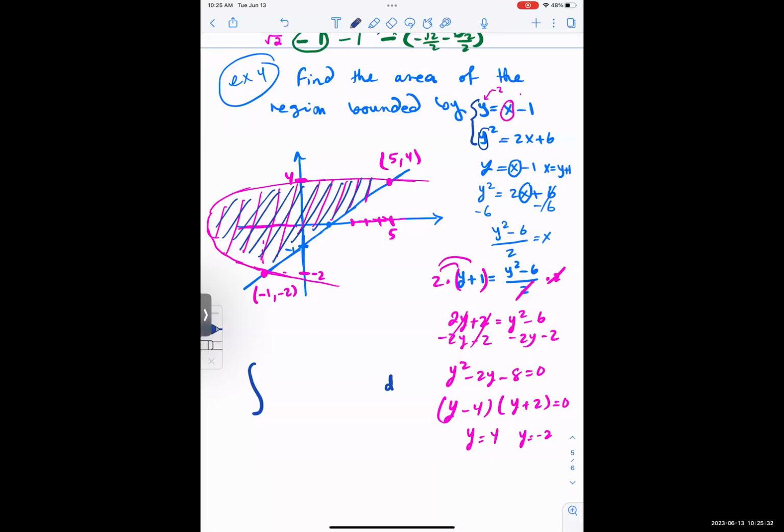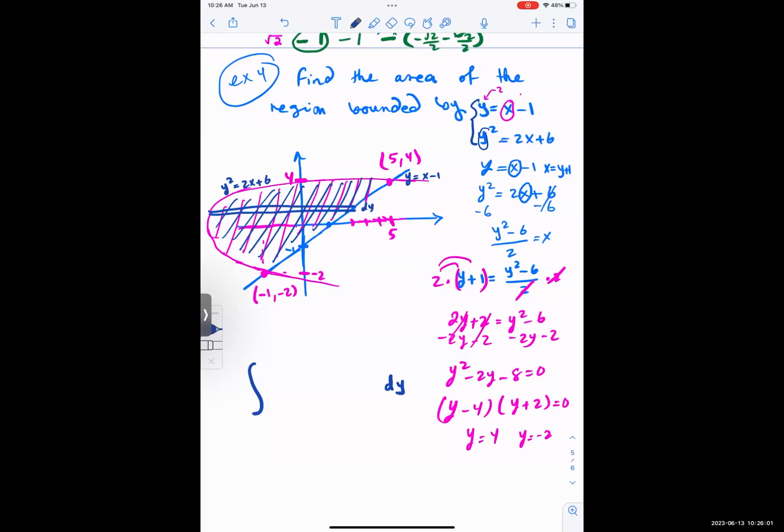So then you would cut one arbitrary rectangle. It's dy, and it would be right minus left. So the right function is y equal to x minus 1. The left function is y squared equals 2x plus 6.